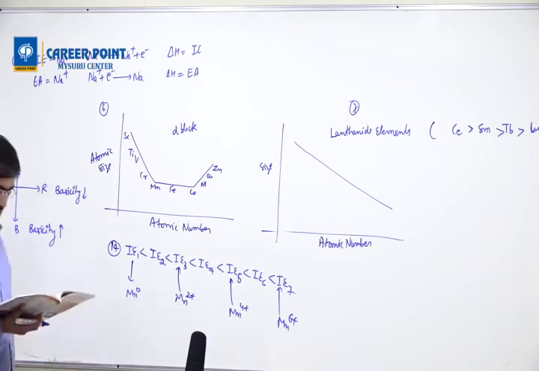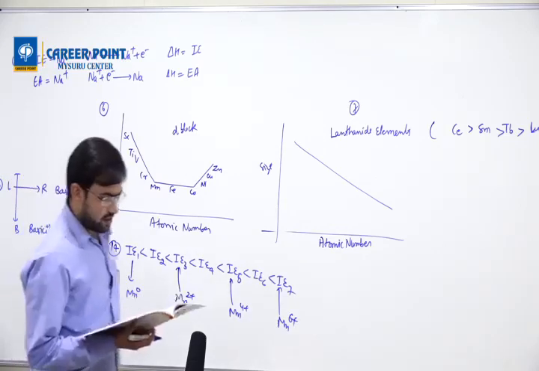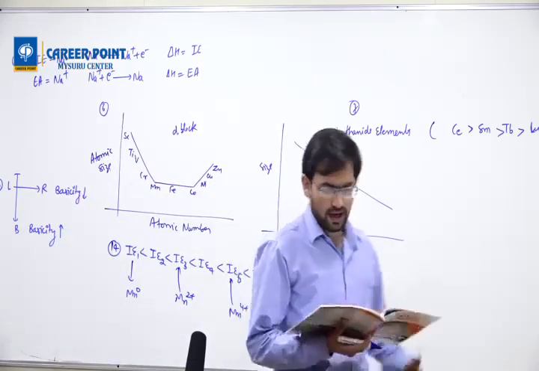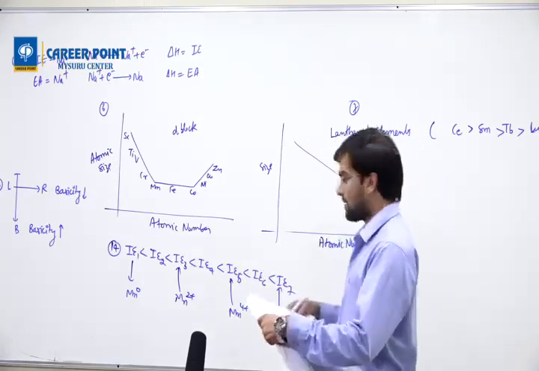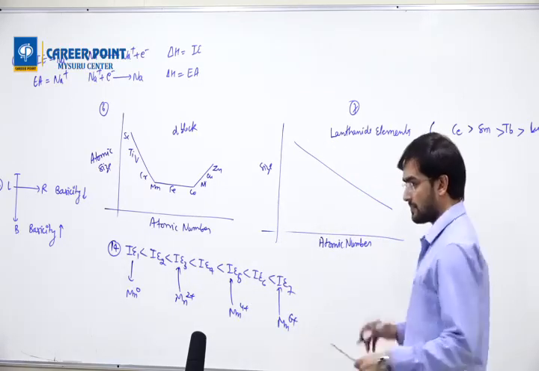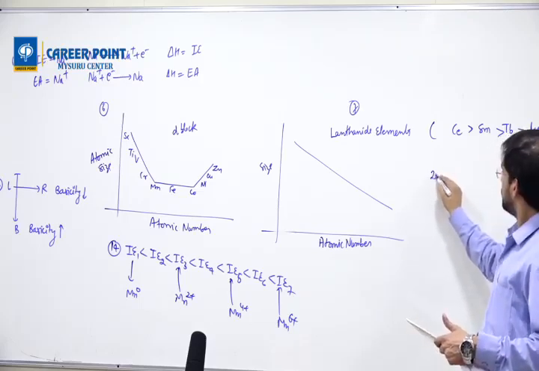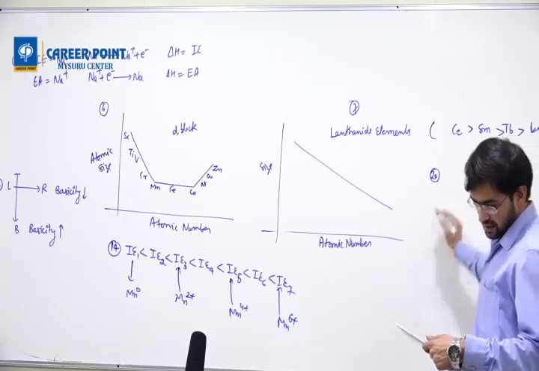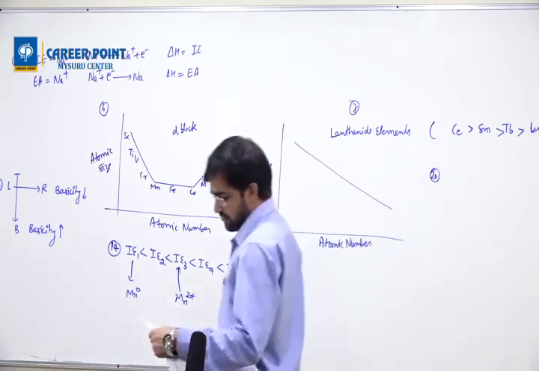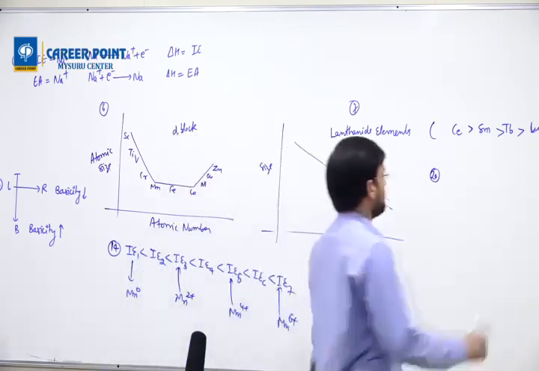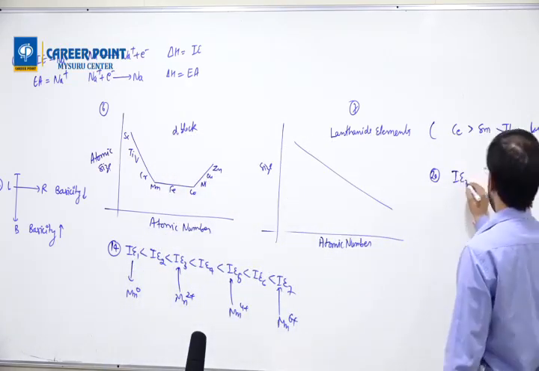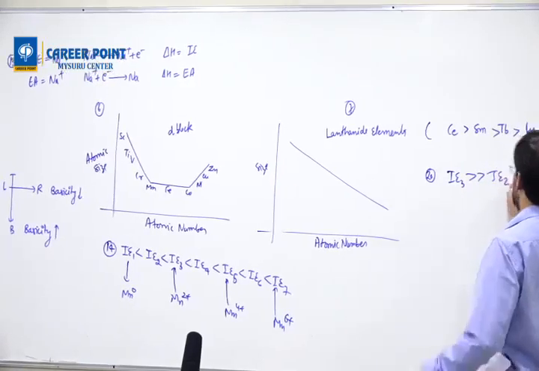Then question number 20. A sudden jump between the value of second and third ionization enthalpy of an element would be associated with the electron. So what they are saying is IE3 is much greater than IE2.